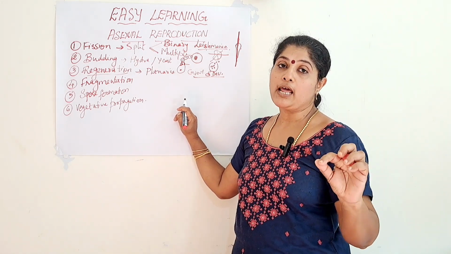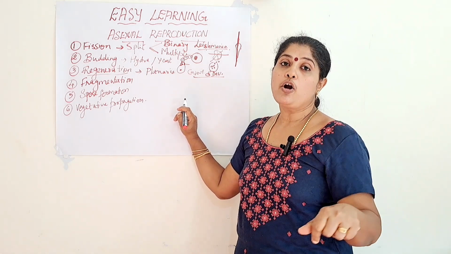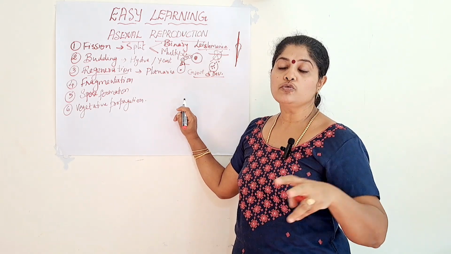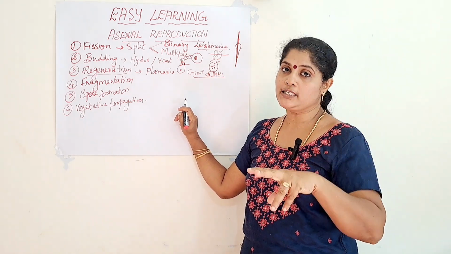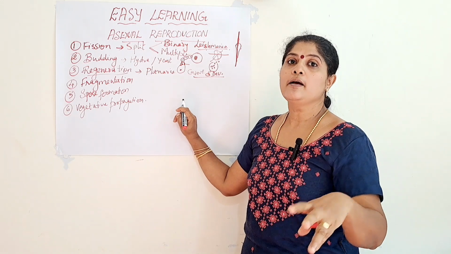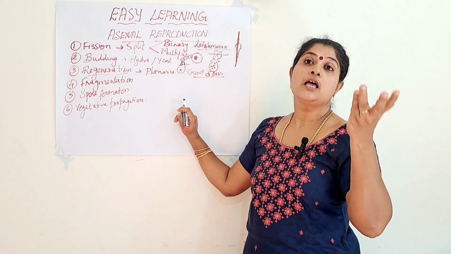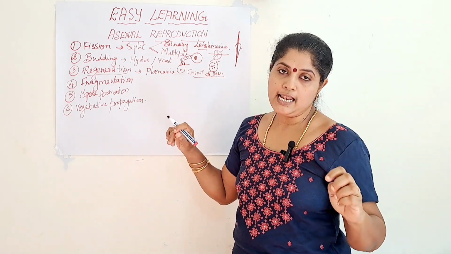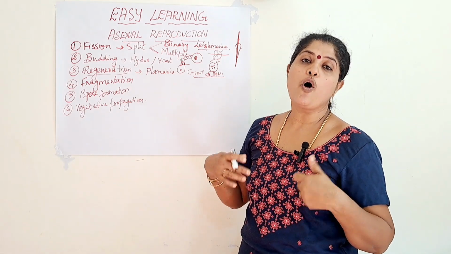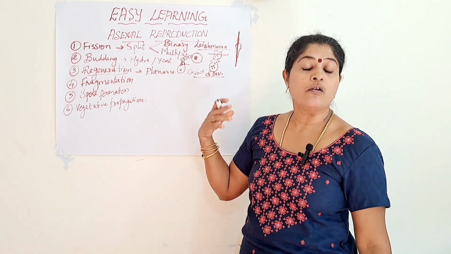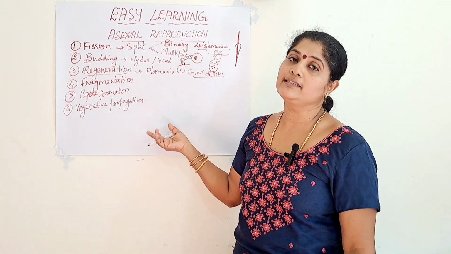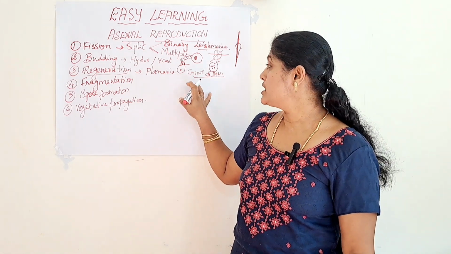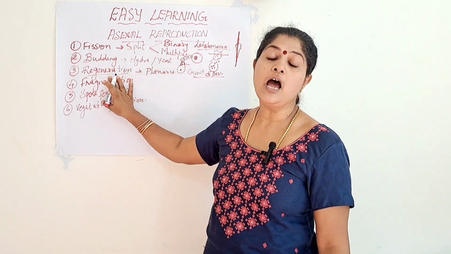Then the cells move into particular areas to form the various organs. The group of cells changes its shape to form the tissues, and the tissues then form the organ, and then the organism is formed. That is how the process takes place in regeneration.